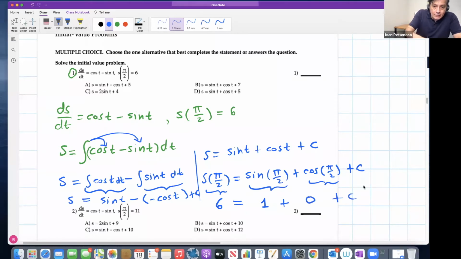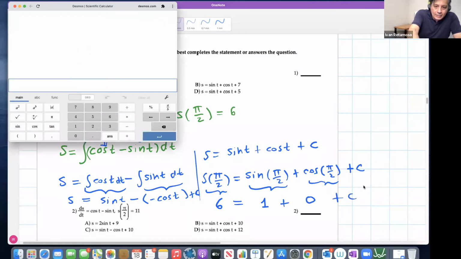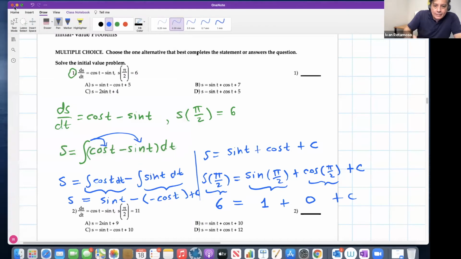If you cannot recall that, use your calculator, in radians always. This computation gives 1 for sine of pi over 2, and cosine of pi over 2 is 0. So bottom line, 6 equals 1 plus c.